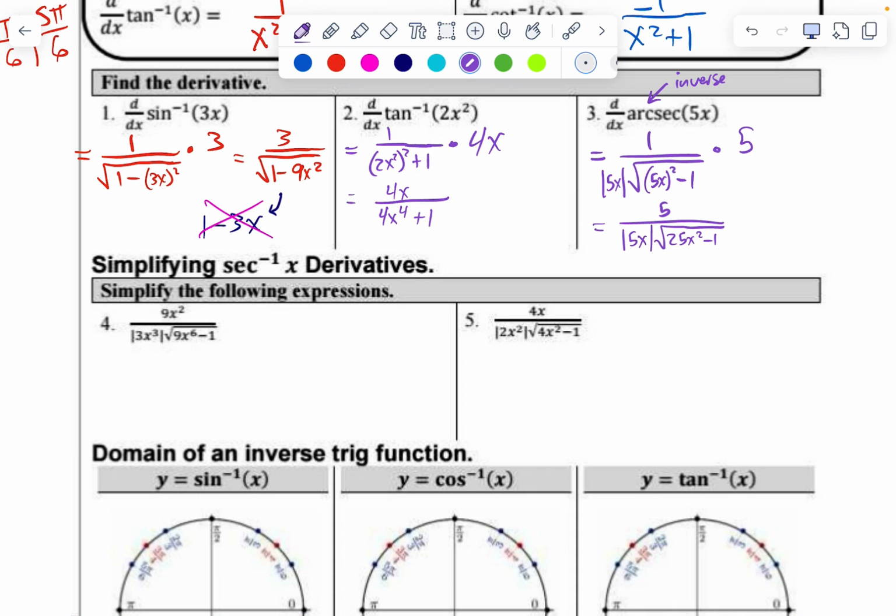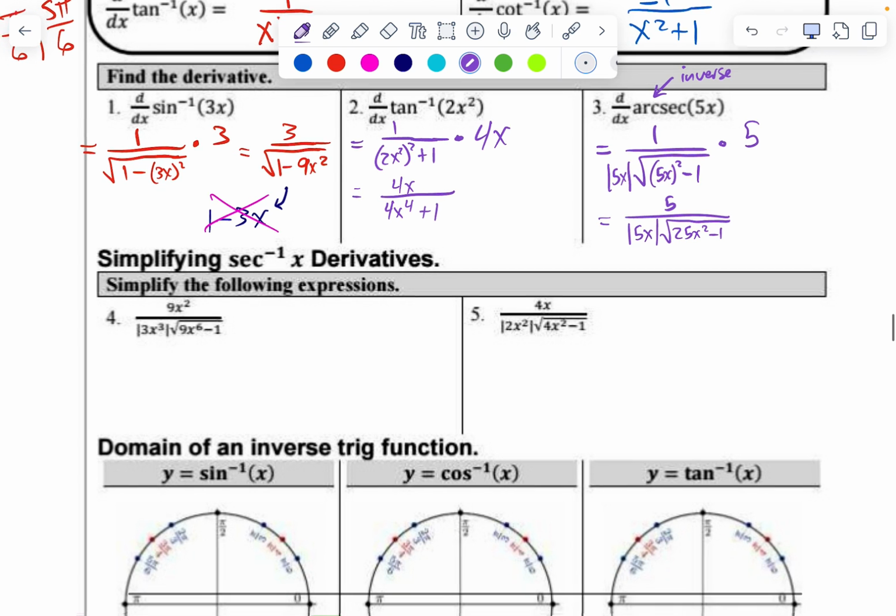Okay. You'll notice the next section is simplifying the inverse secant derivatives, because we look at this and think, hey, is there a way that we could simplify that 5 since everything in the denominator is being multiplied, right? And there are ones that are more messy than that. So let's talk through that. In fact, number 4.